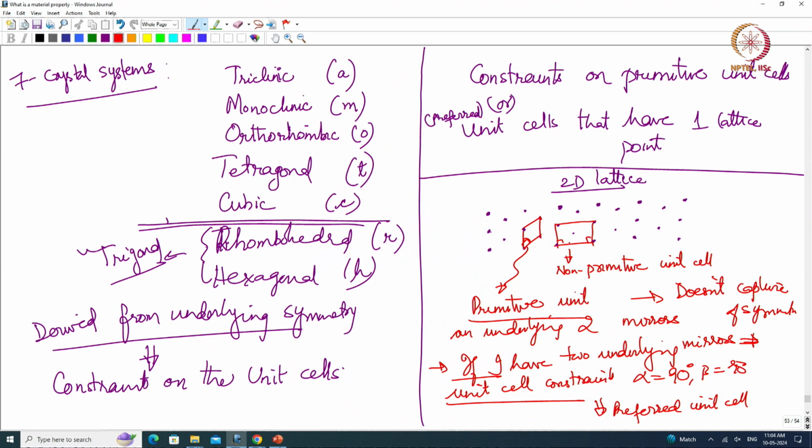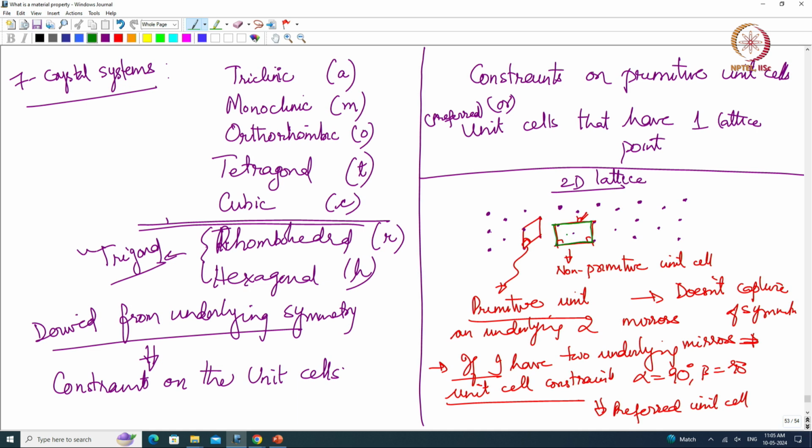If it is a two-fold axis of symmetry, it makes perfect sense to not consider the primitive unit cells and go to non-primitive unit cells like, let me draw it with a different color, the green unit cell here, right.